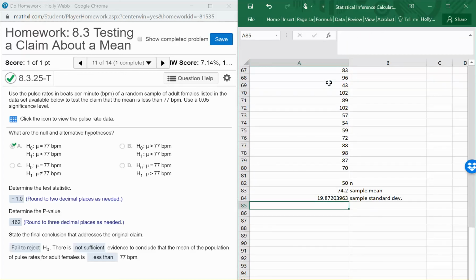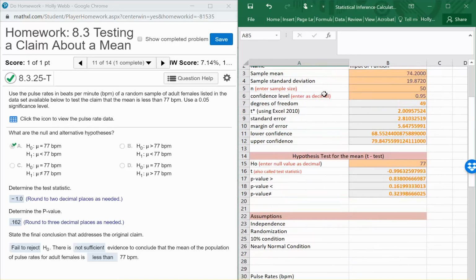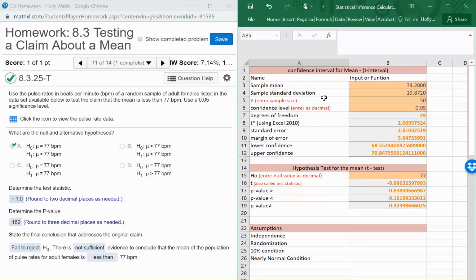And there we go. So once I have my mean, my standard deviation, and my sample size, I wrote them down, and I put them in the calculator: 74.2 for my mean, 19.872 for my standard deviation, 50 for my n, and this is a 0.05 significance level, a 0.95 confidence level. 77 is my null hypothesis, so I put the 77 there.